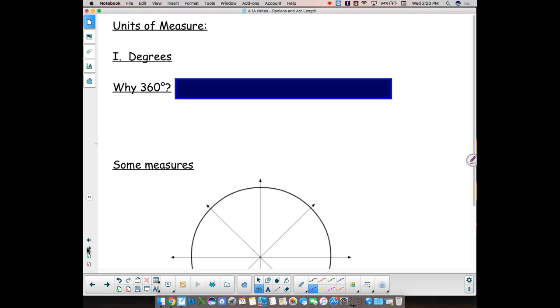Or to make one complete spin, like if I was riding a merry-go-round, 360 degrees gets me one spin. 360 degrees gets me another spin. Anybody know why they chose 360 degrees?